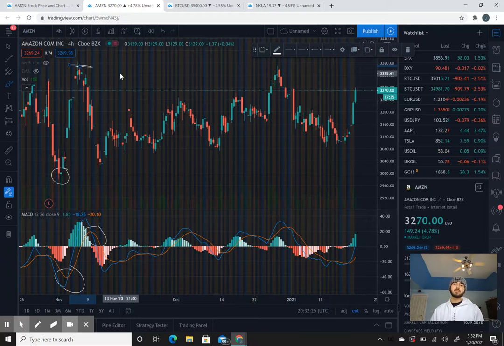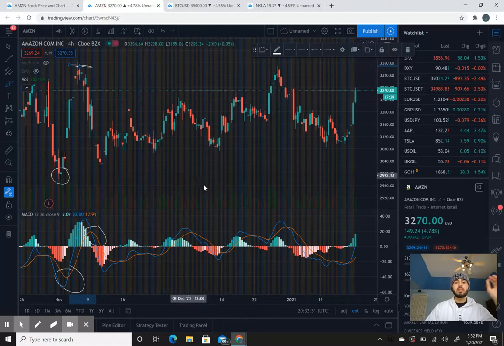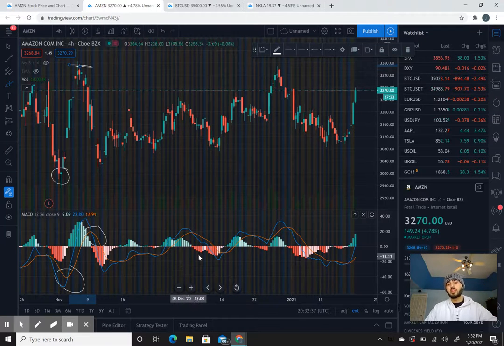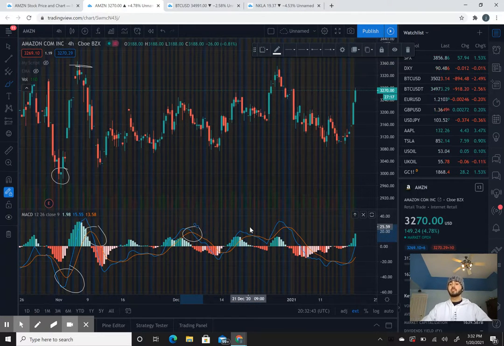So imagine that's a $300 trade right there. Obviously Amazon's insanely pricey at the $3,000 mark, but you see the MACD is extremely helpful. Once again, right here, this is a very small one, so I'll skip it so I don't confuse everybody. But here is another death cross, which means sell, sell, sell. We're at this $3,200 mark.